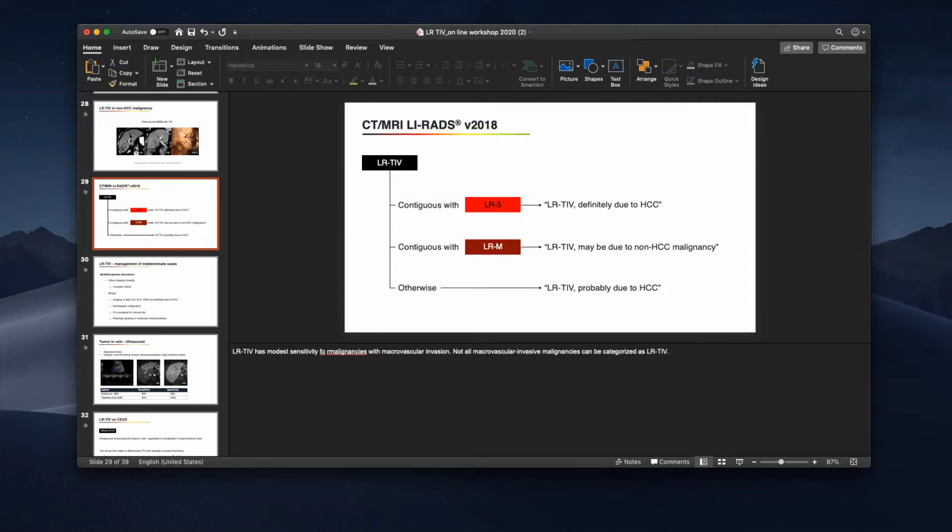As you know, the evaluation of arterial phase hyperenhancement in LI-RADS is a qualitative feature, and that is true also for the assessment of enhancement in a portal vein thrombus. So it's mainly a qualitative assessment. I'm not aware of a recommended quantitative Hounsfield unit threshold.